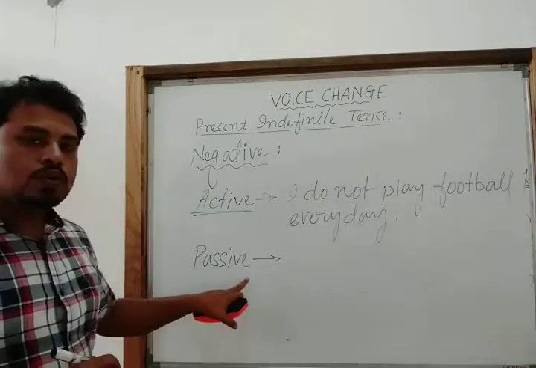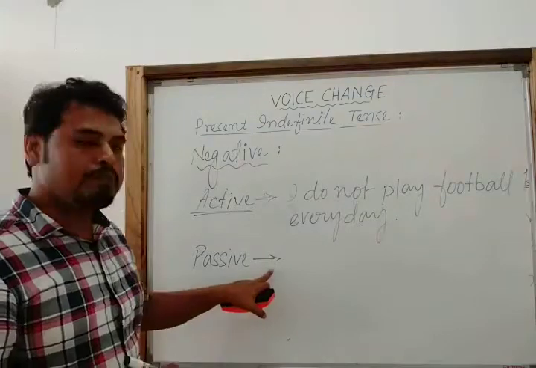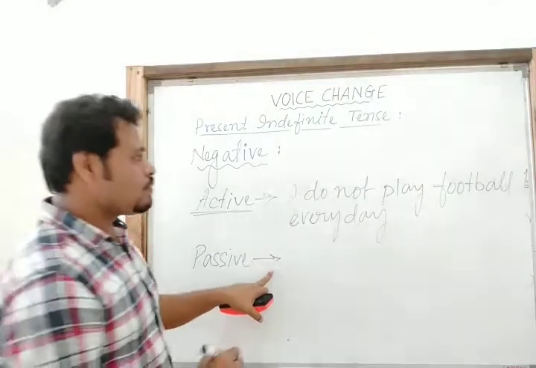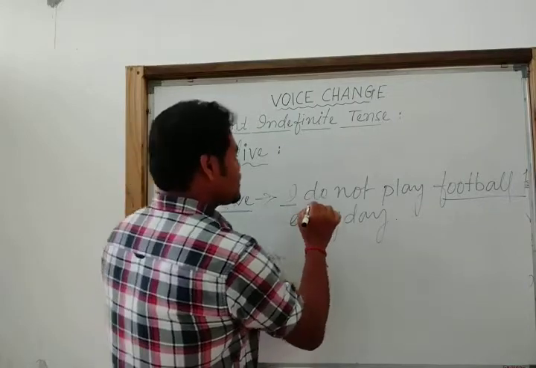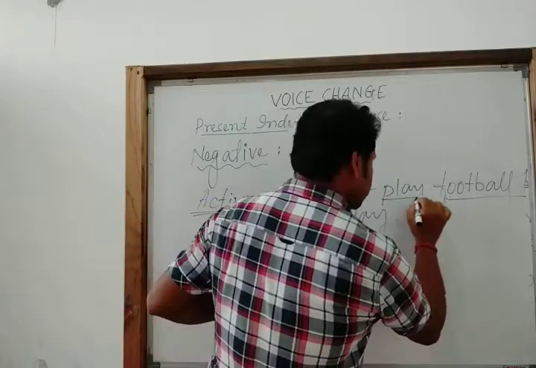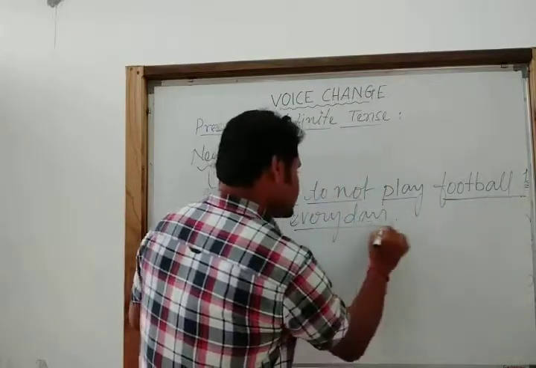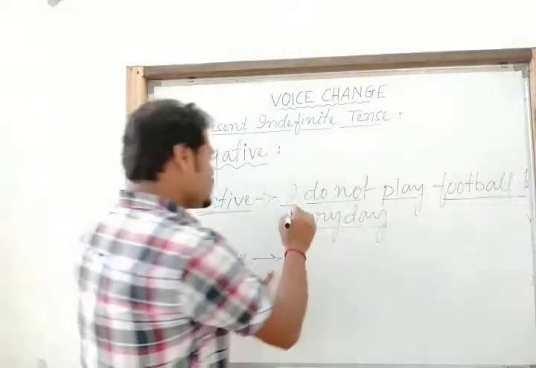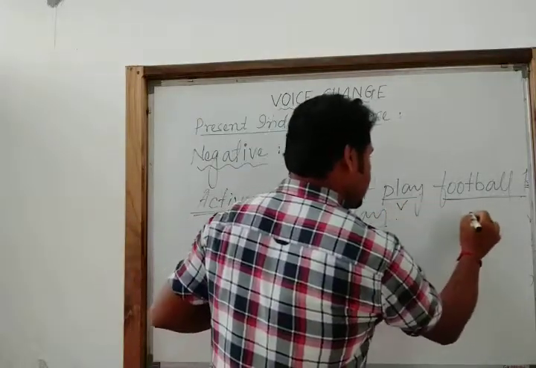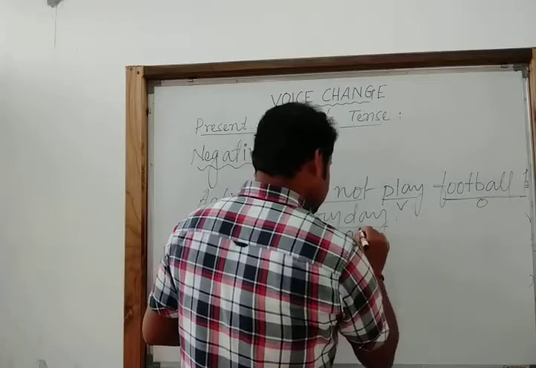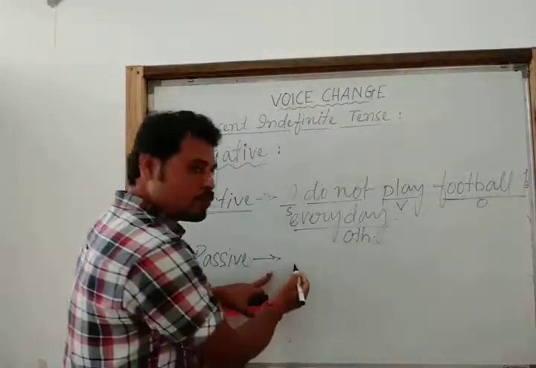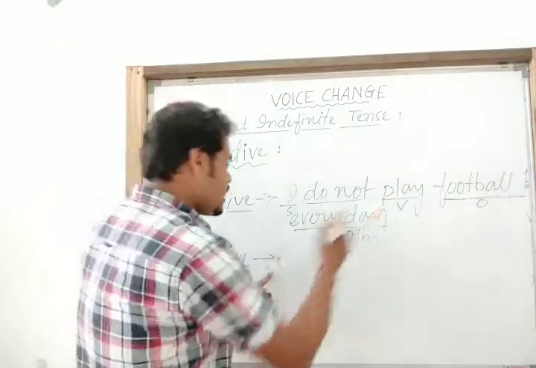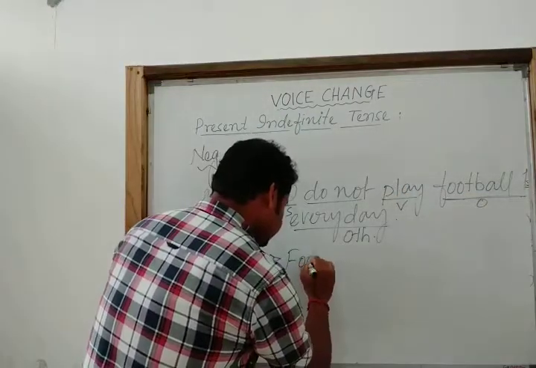So if we want to change it into passive, first we have to use the object, because this is subject, this is do not, this is the verb, this is object, and this is others. So this object we have to use as subject here. So we are using it, football.